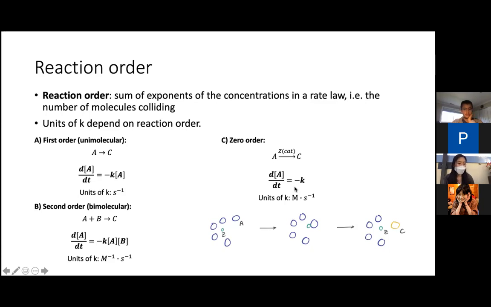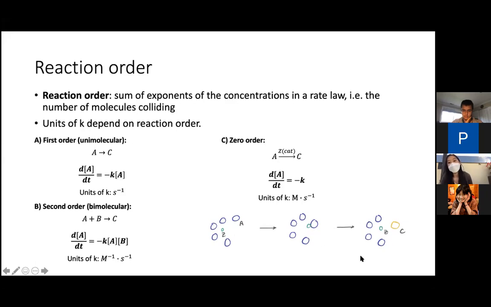And this happens when the reaction rate depends on the catalyst, and the concentration of the catalyst is a lot lower than the concentration of the reactant. This is represented here in this thing that I drew. You have a lot of molecules of reactant A, and then you only have a very small amount of the catalyst.